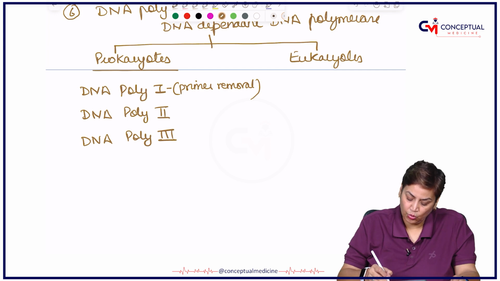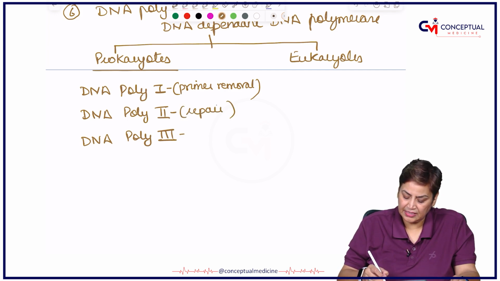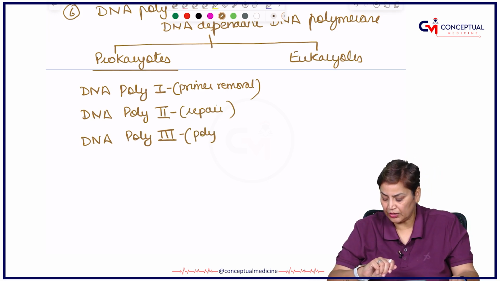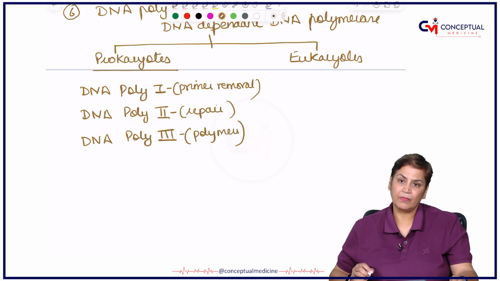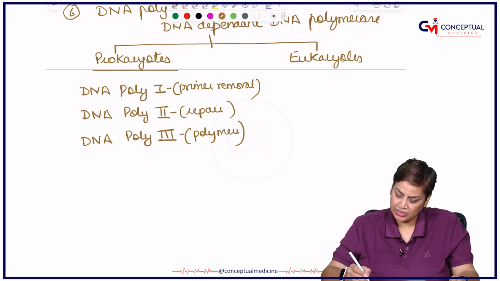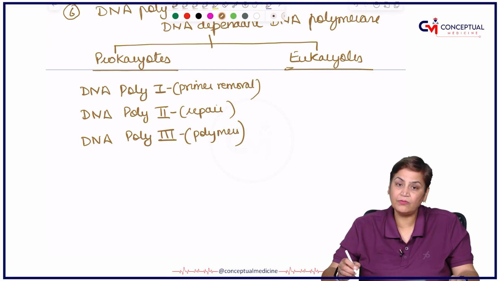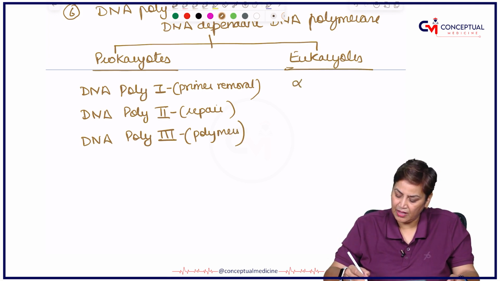If we talk about 2, mainly it is in repair, and third is polymerization, or you can say formation of the daughter polymers. And if we talk about the eukaryotes, it is of 5 main types: alpha, beta, gamma, delta and epsilon.